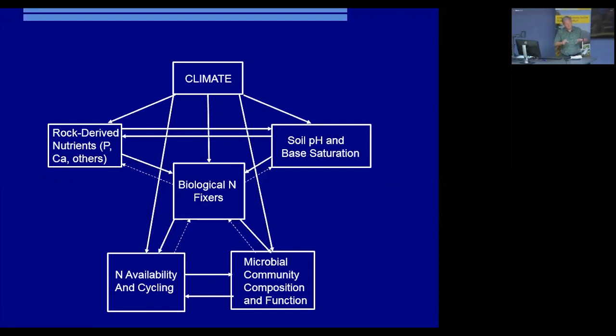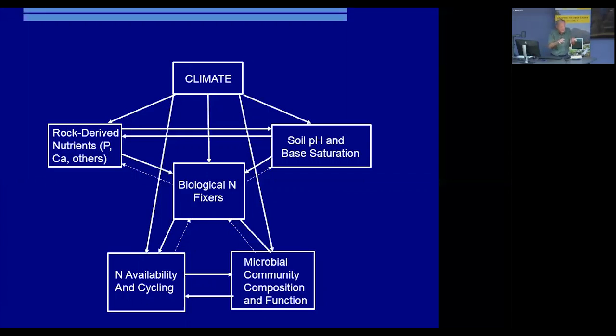Now, the current cool thing to do in ecosystem ecology is to analyze microbial communities and say that they're controlling the function of ecosystems. But they're at least as derivative as nitrogen is, right? They're controlled by all of the things that come above them in the hierarchy. It's rare that you could find a situation where you would say microbial community is the independent control. It's somewhere down the hierarchy.